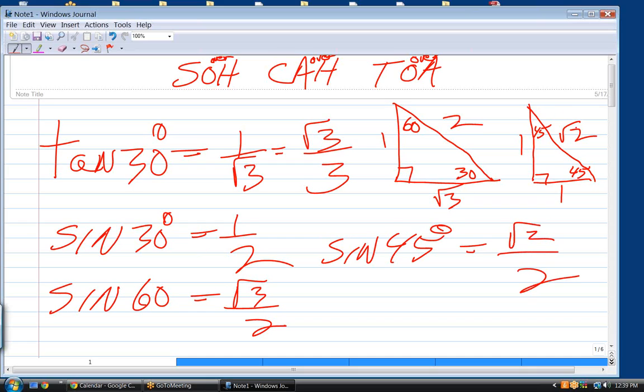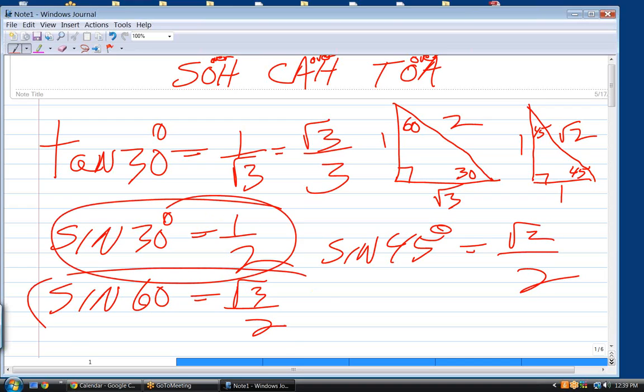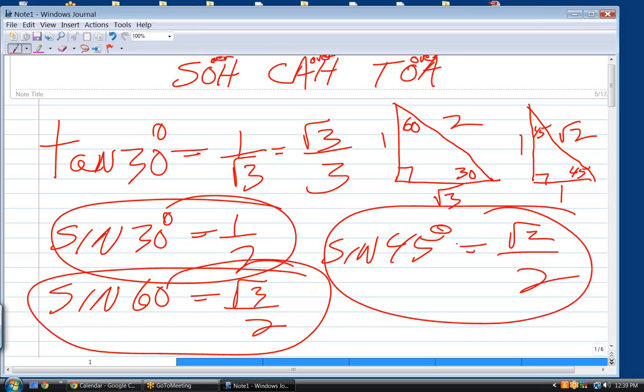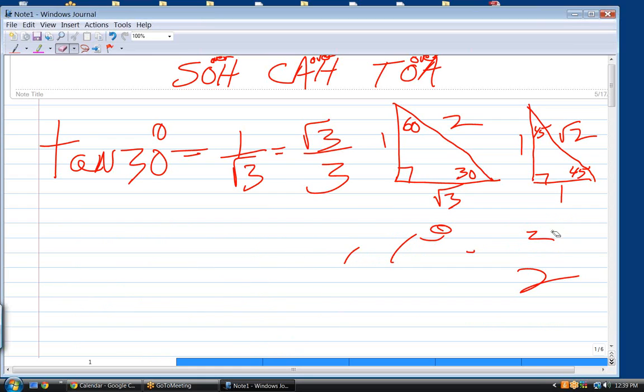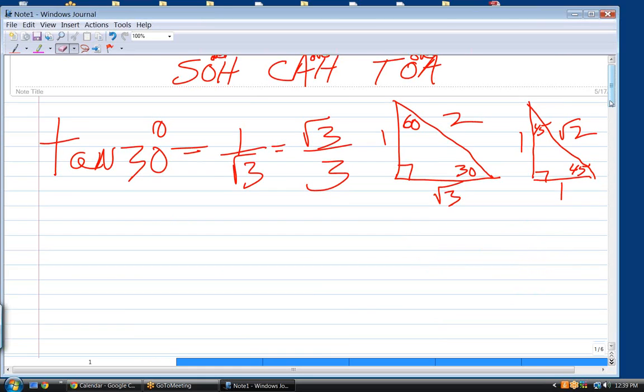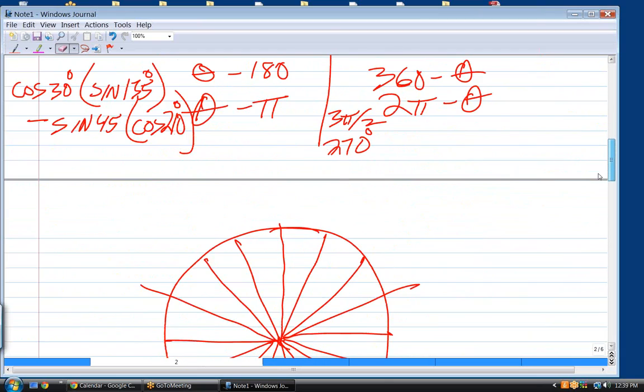Even though it looks like 1 over square root of 2, that rationalizes to that. Okay? So it wouldn't be a bad idea for you to memorize these just on their own, aside from the triangles. Just because you have to come up with that answer so much. Okay. So, cosine of 30 was square root of 3 over 2.